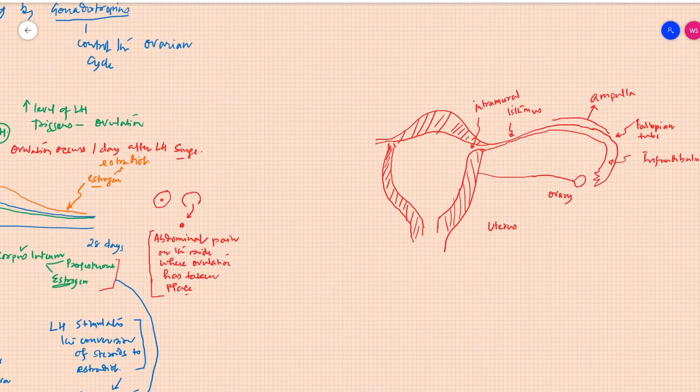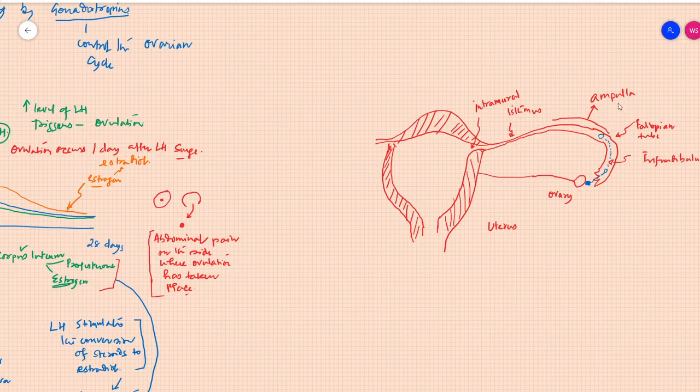So what's happening? The egg is released from where? From the ovary. The egg is released from the ovary and it is picked up. It reaches the infundibulum, and then the ampulla.